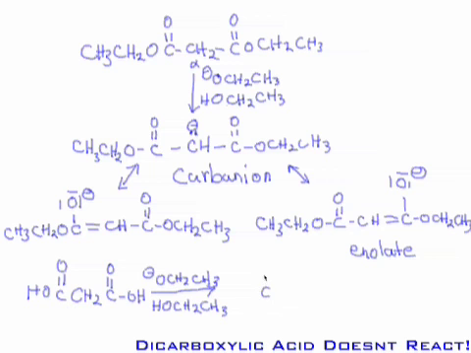You will produce the dicarboxylate, and you will not get deprotonation of the alpha carbon. So this cannot occur when you have carboxylic acid, but it does work rather nicely with the ester.